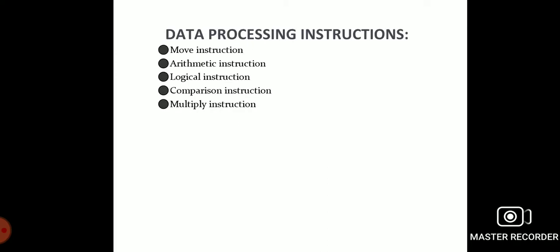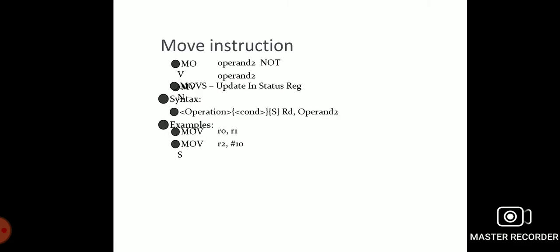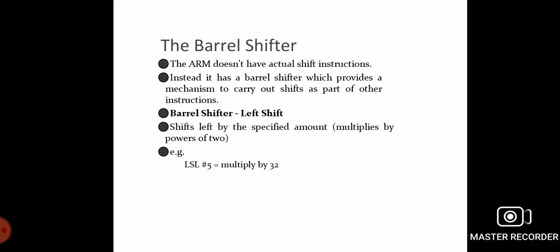Next we can see the arithmetic instructions. The arithmetic instructions include logical instructions, multiplications, inversions, divisions, subtractions, etc. Now we can move to the logical instruction, that is the barrel shifter.